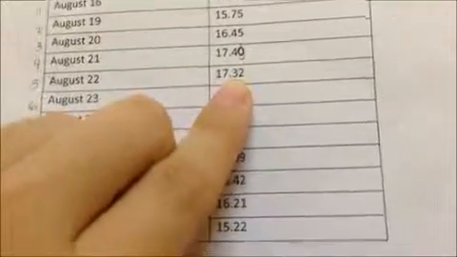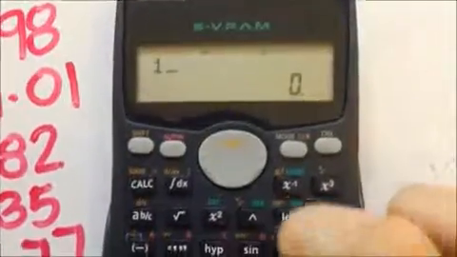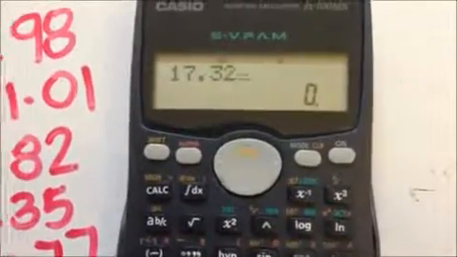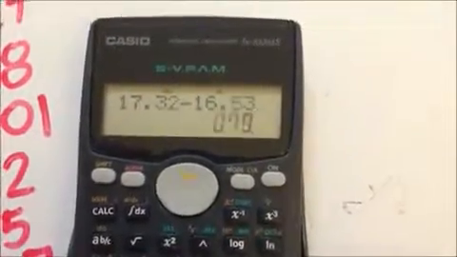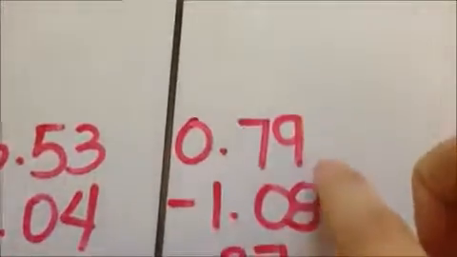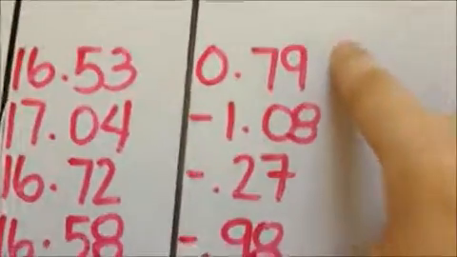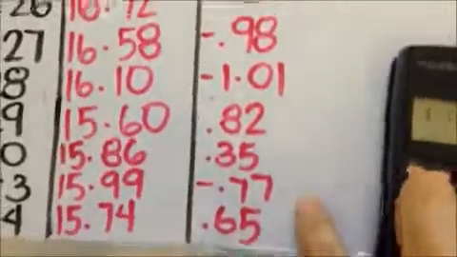We are going to minus 17.32 with the 16.53. So, 17.32 minus 16.53. We are getting 0.79 and we are going to do until it is done.